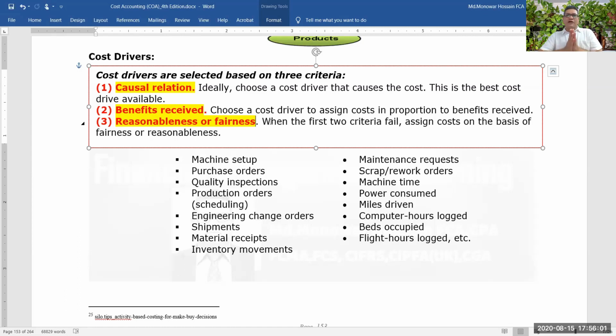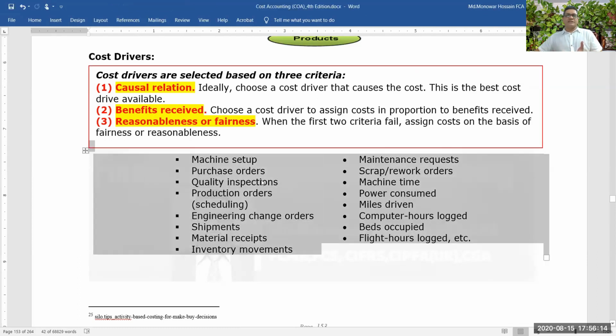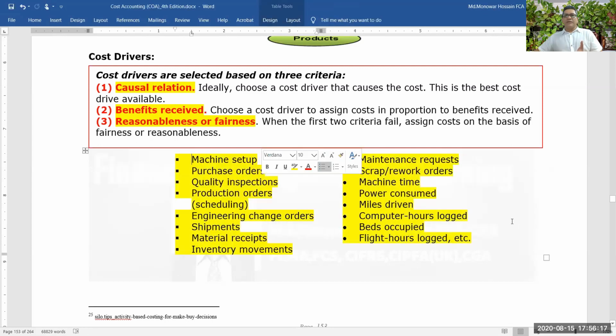And fairness: when the first two criteria fail, then assign cost on the basis of fairness. So machine setup, purchase orders, quality inspection, etc., and also maintenance and machine time, milestones, etc.